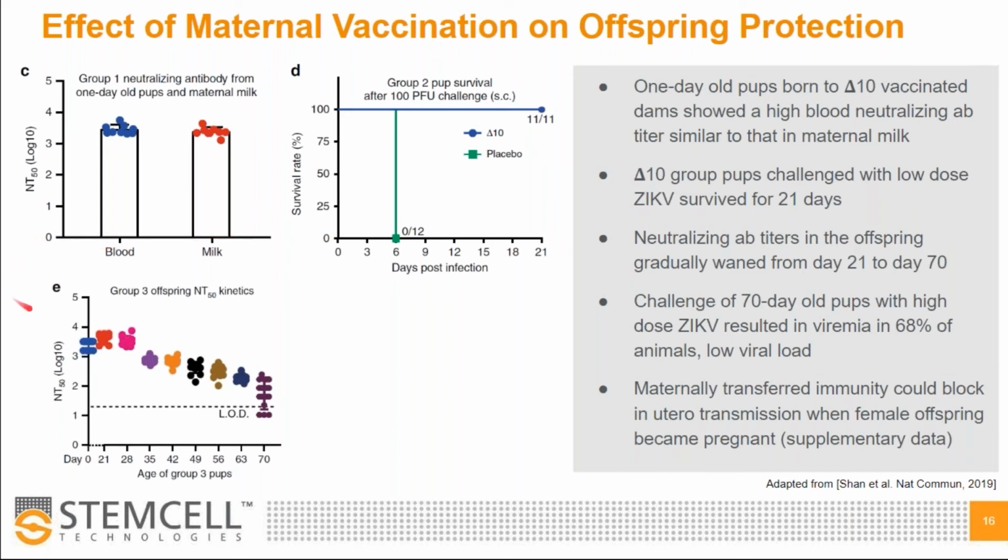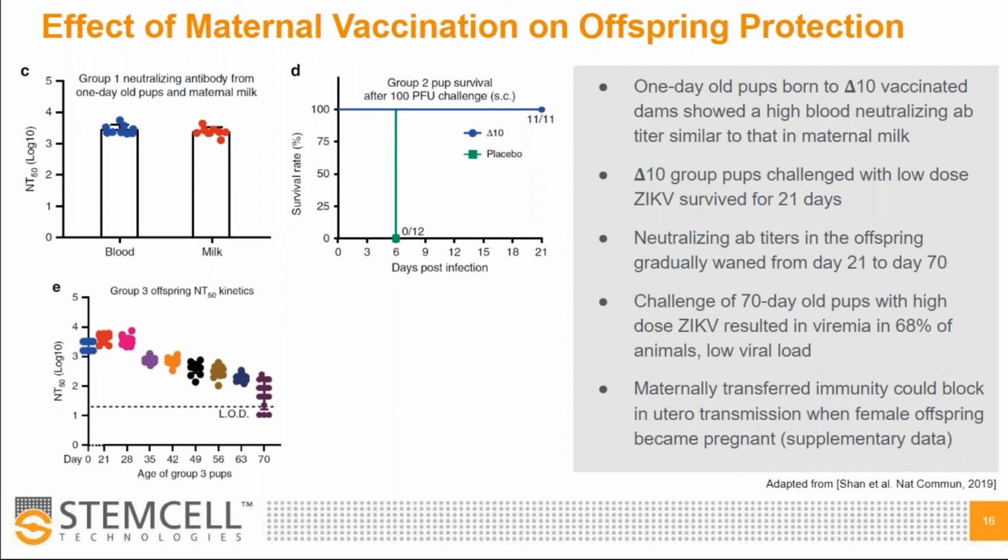When they followed the kinetics of neutralizing antibody titers over time in the pups, they saw that the neutralizing antibody titers in the offspring gradually waned from day 21 to day 70.